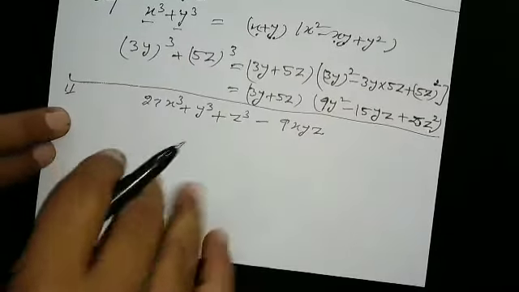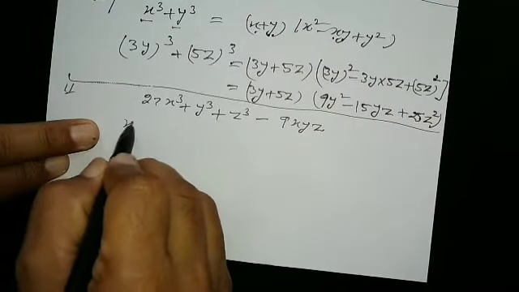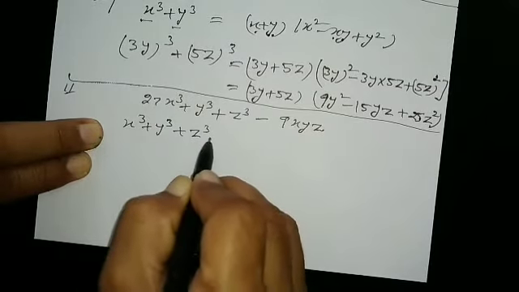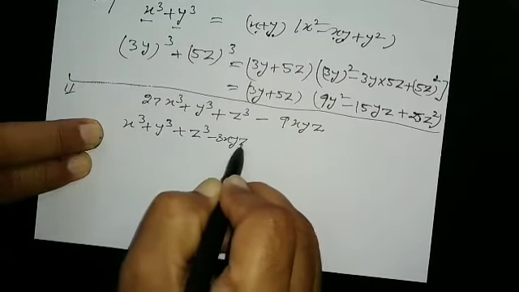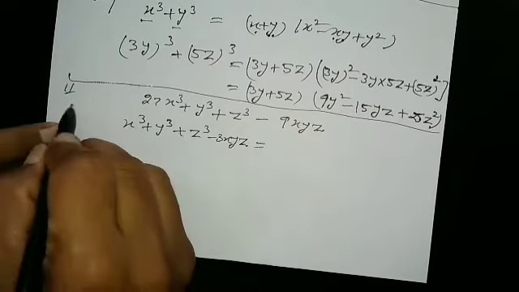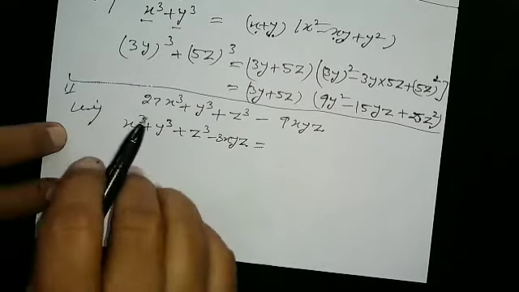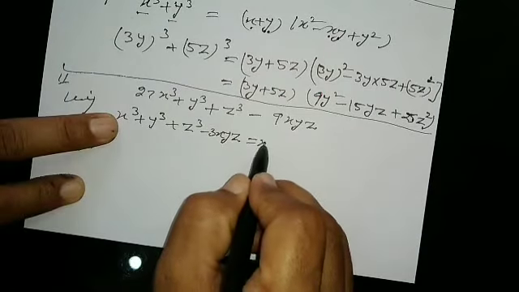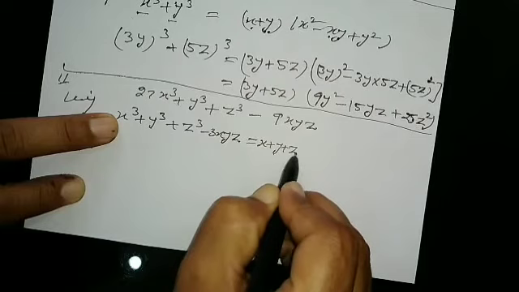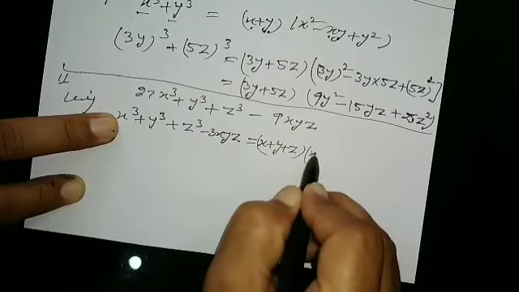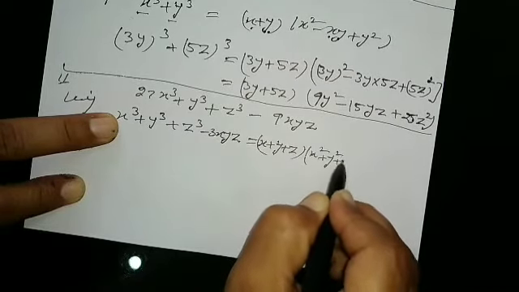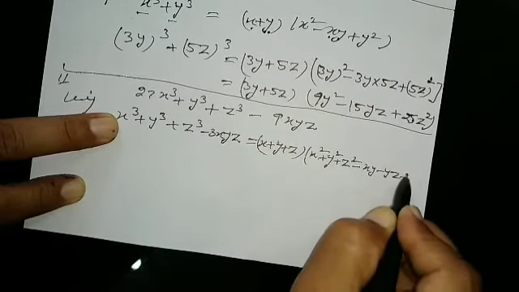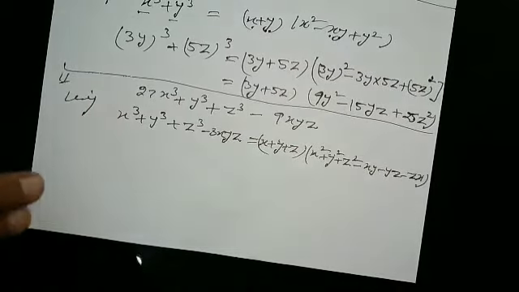Which identity is of the form x³ + y³ + z³ − 3xyz equal to (x + y + z)(x² + y² + z² − xy − yz − zx), right?